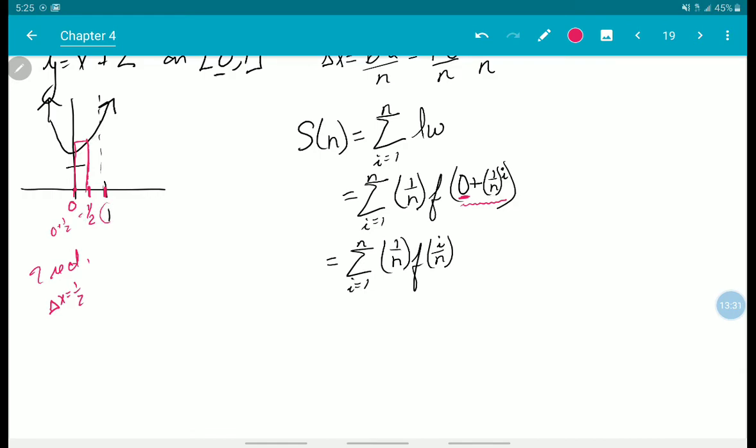To get to this one, our second rectangle, it would be the starting point plus the increment times what rectangle we're working on, which would be the second rectangle. And that would put us at that value of 1. So if we're doing that for n rectangles, it's starting point plus the increment times what rectangle we're working on, whether it's the first, the second, the third, the 53rd, and so on. So that's why we're using an i there.